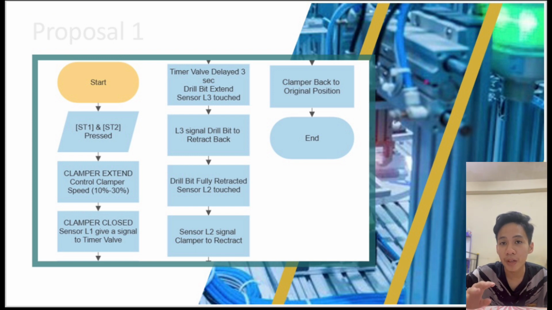So the drill bit will extend with a 3 second delay, and when it extends and touches the L3 sensor, it will fully retract, and after that the clamper will go back to the original position.